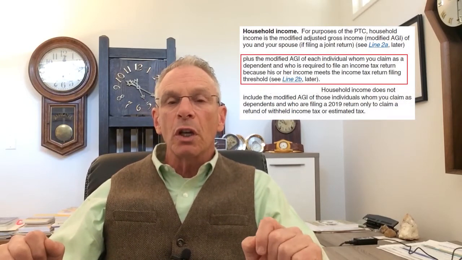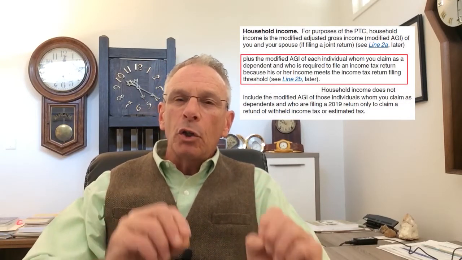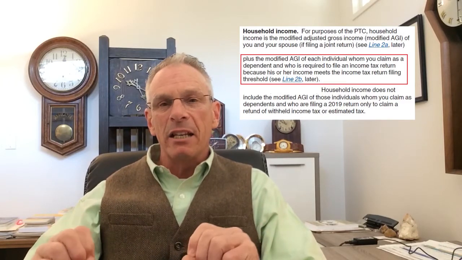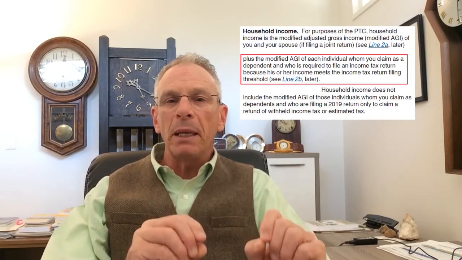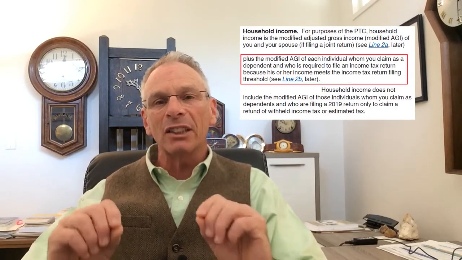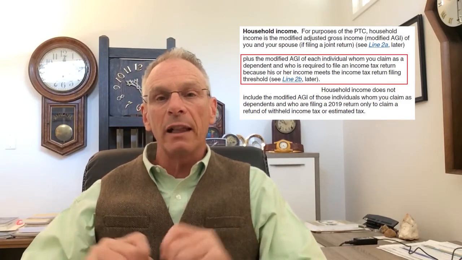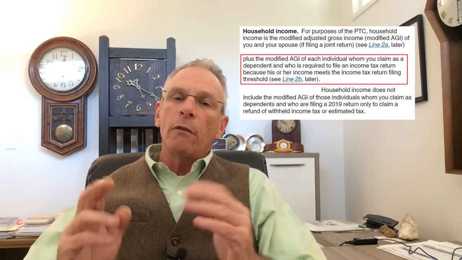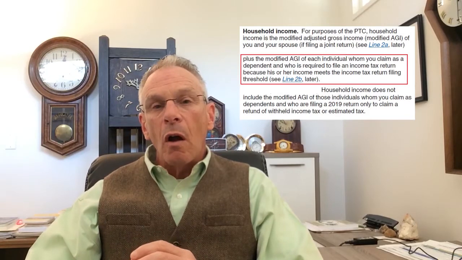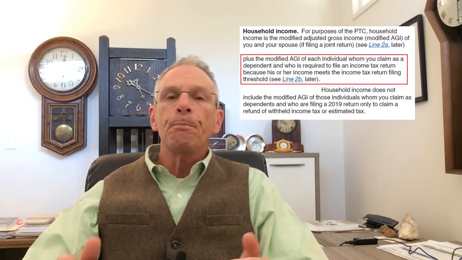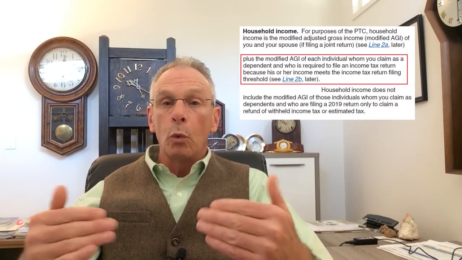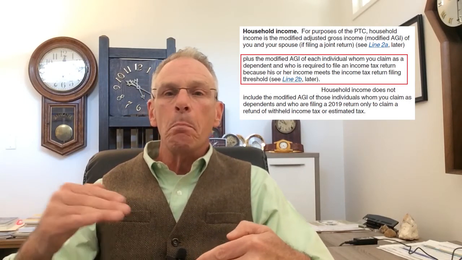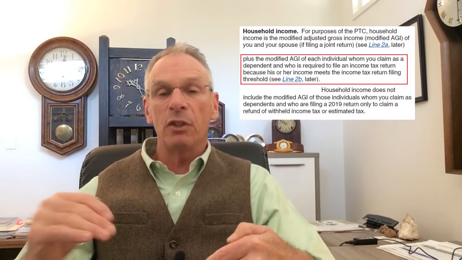Other issues that can trip people up and cause a lot of confusion are the people on your tax return that may have had income. And the IRS says that you only need to include your dependent's income if they meet the tax filing threshold to file an income tax return. So if you have a child that is going to college and works a part-time job, they will file a federal tax return to recoup the withholding, but they may not have made enough to actually have to file.